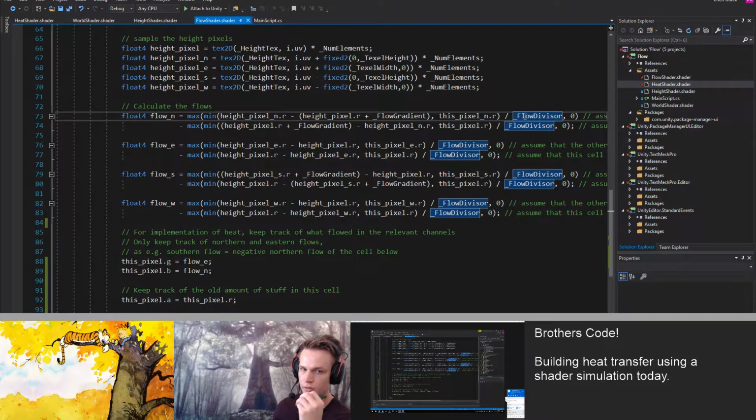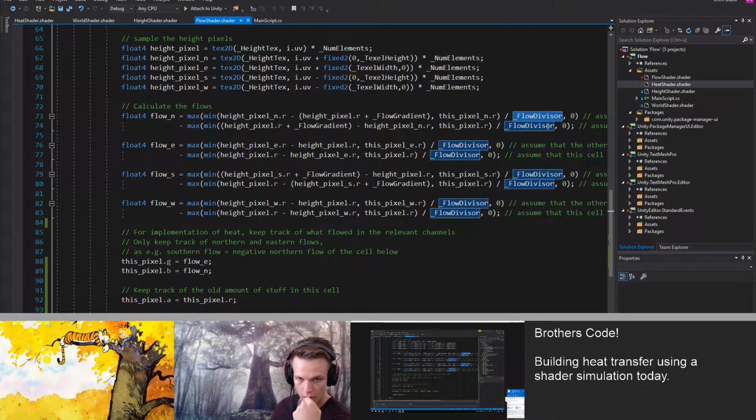So you can take up to 1 from that, and then it's divided by 5 and a little bit. So basically all of it will never flow out. Yes. But it will get progressively smaller and smaller until it eventually reaches zero.